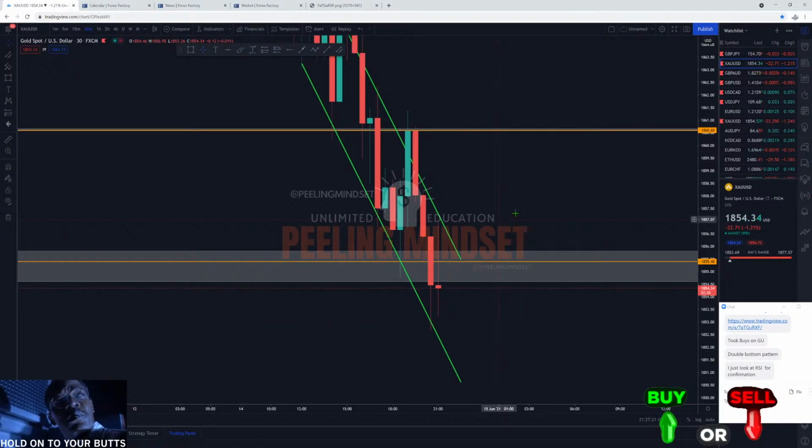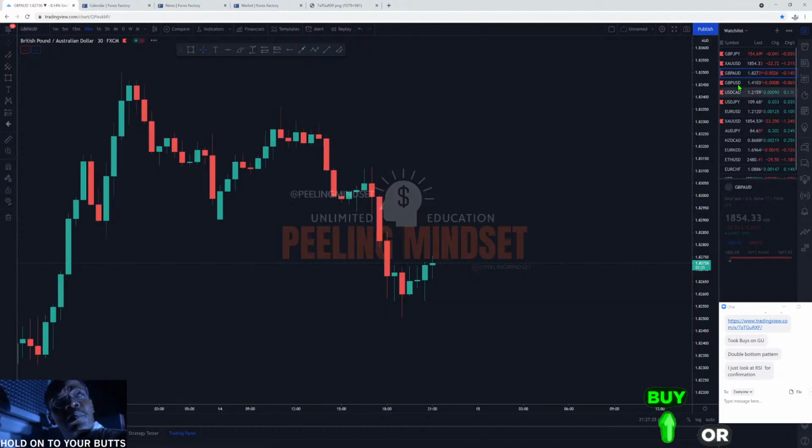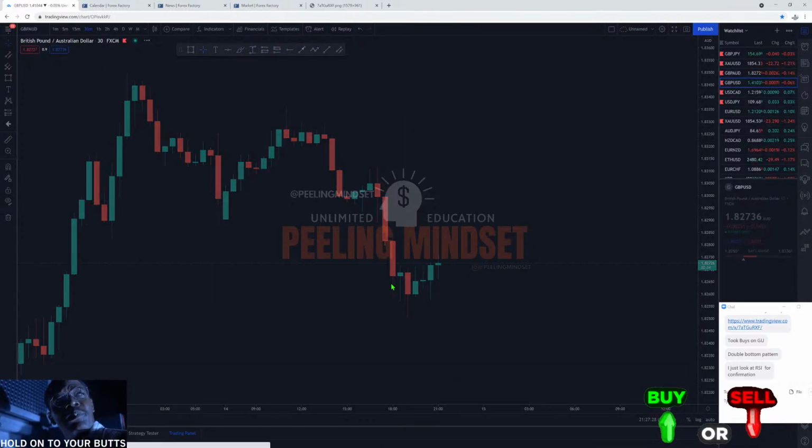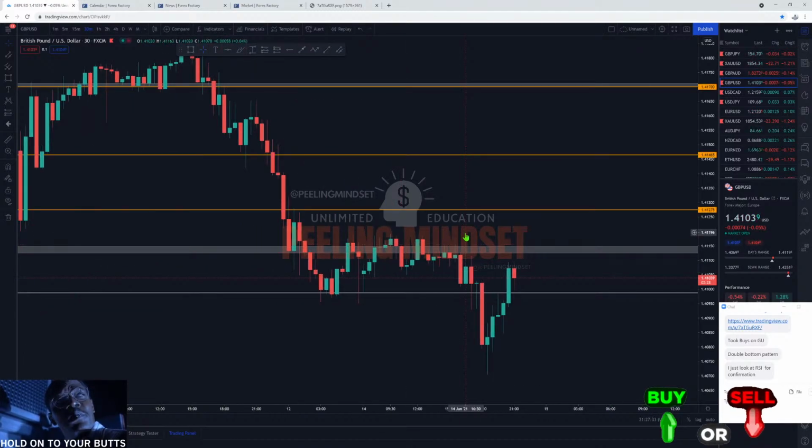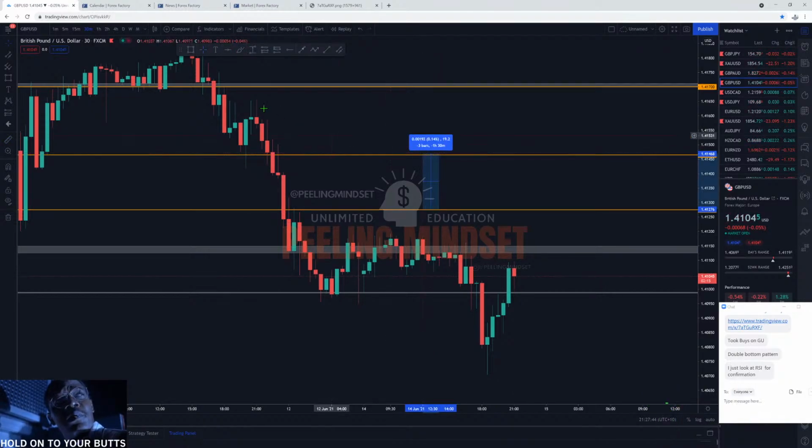Looks like gold is moving down nice and slow. And let's look at pound USD and see what's happening. Pound USD for me, buys do make sense above 141.275 from this level, and the range is 19 and even more.